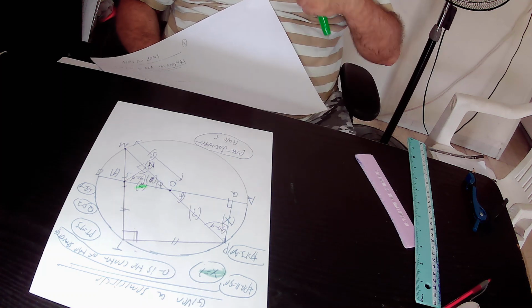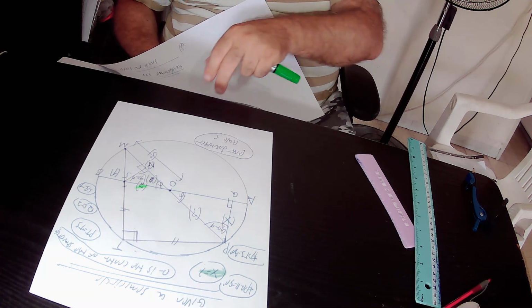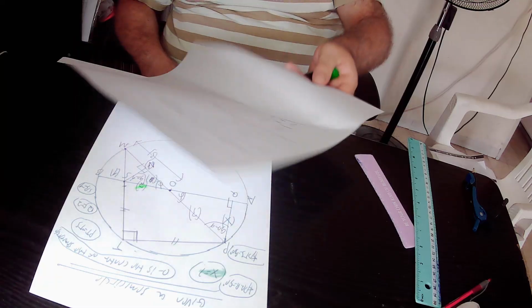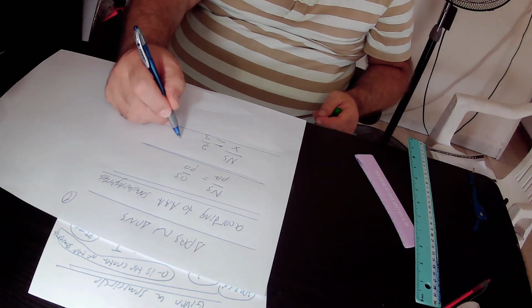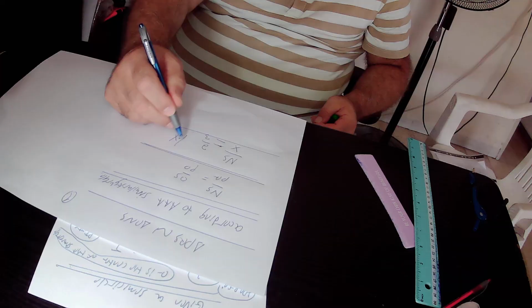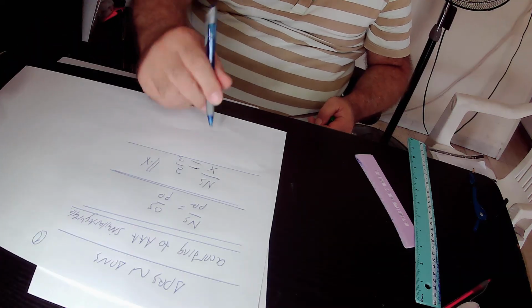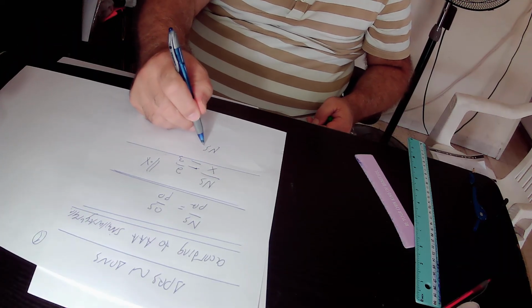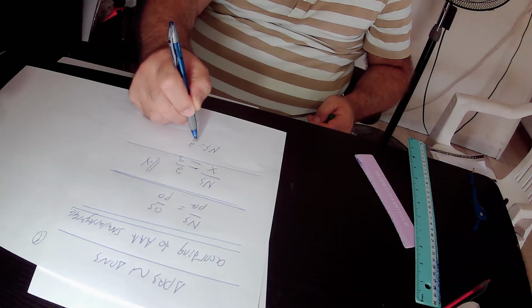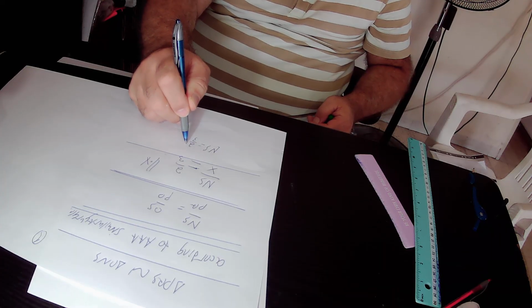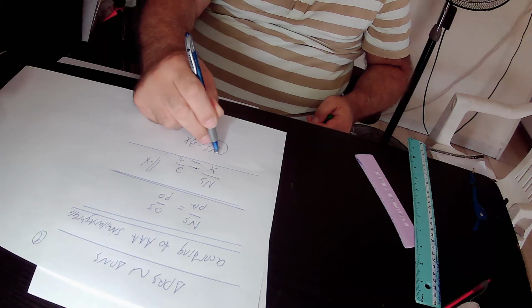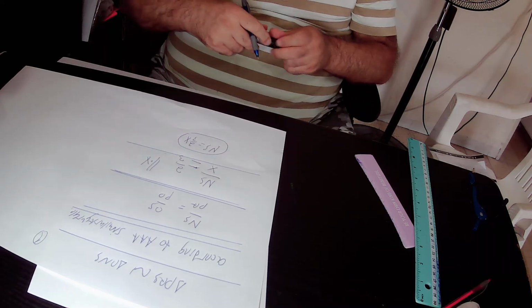It must be a positive number, so it is allowable to divide the equation by x. So NS equals 2/3 x.